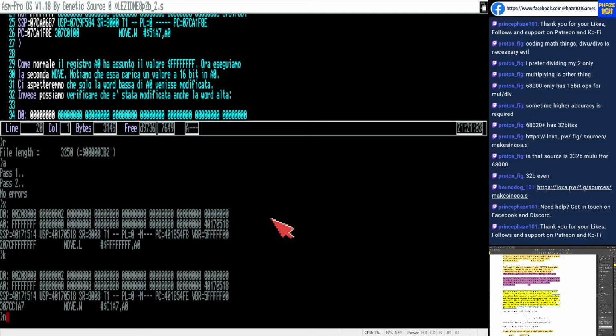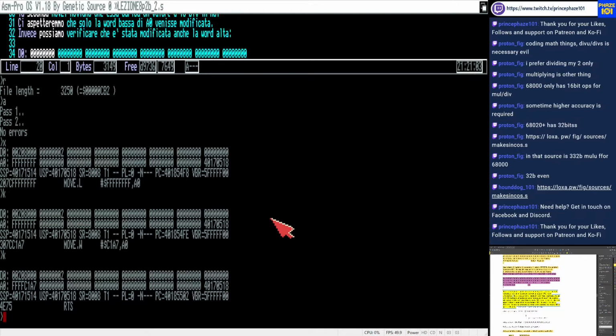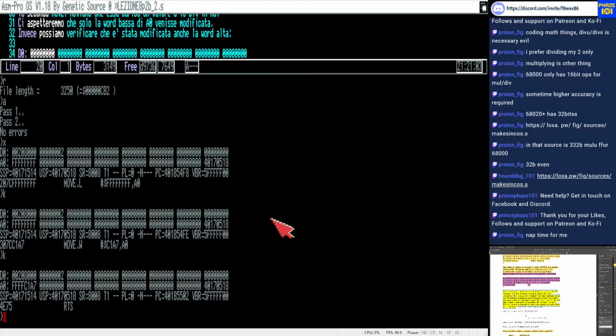So the N flag was set. Why N? Execute the next instruction, which was C1A7. Note that the address register maintained the sign of the value.